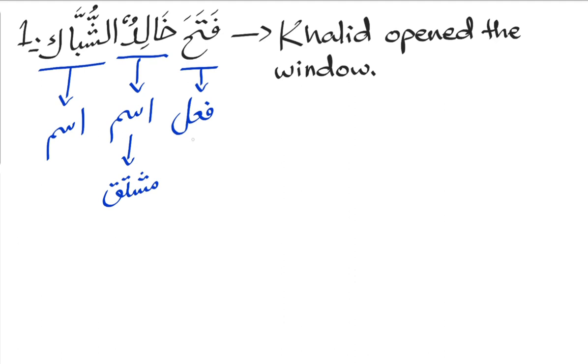Fataha is a fi'l, and the type of fi'l it is al-madi, because it's talking about past tense, opened. Now let's move on to the last word, which is ash-shubbak. Ash-shubbak is an ism, and it's a primary noun, meaning it's a jamid, because it's not derived from any word, nor is any other word derived from it. So there you go, that's the first sentence.